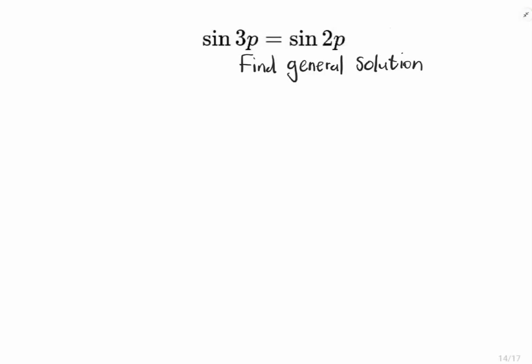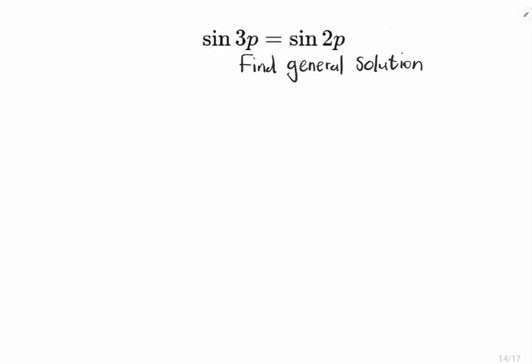We are under trigonometry and we are still busy with finding the general solutions, solving for angles. Here we are given a slightly different situation because on both the left hand side and the right hand side we have the same trig ratio, sine and sine.